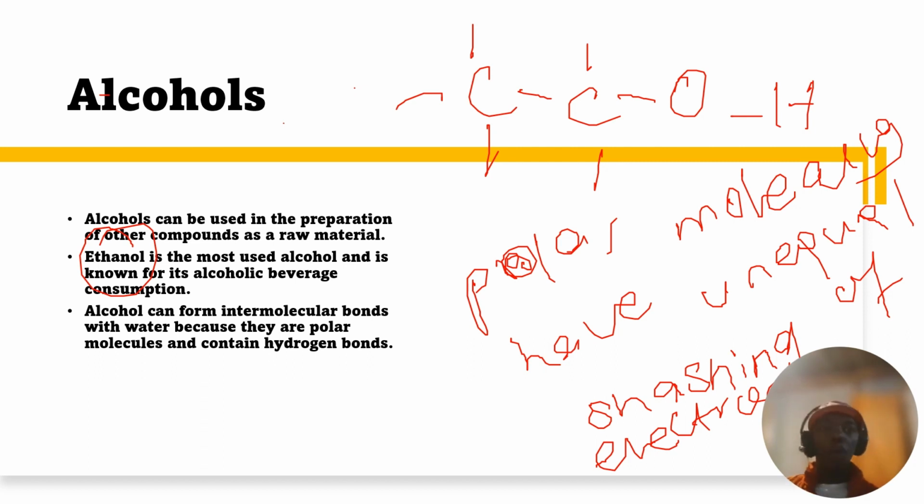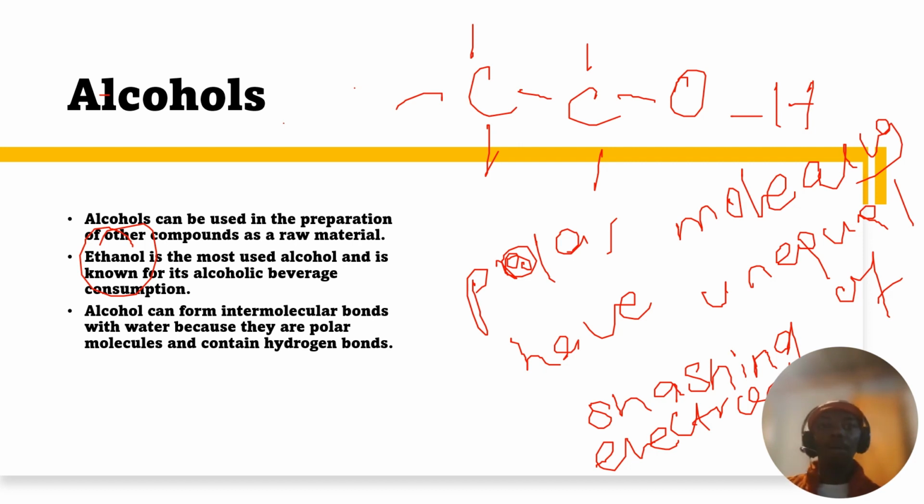So all polar molecules have unequal sharing of electrons, meaning that there's going to be an atom that needs the electron much more than the other atom, right? This is called electron affinity, right? It's part of the content. Hence, I'm saying that organic chemistry is a very broad topic and it involves all other content that you've learned in the previous grades, in grade 11, grade 10, right?